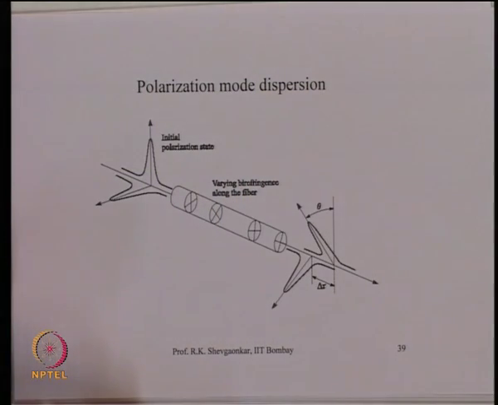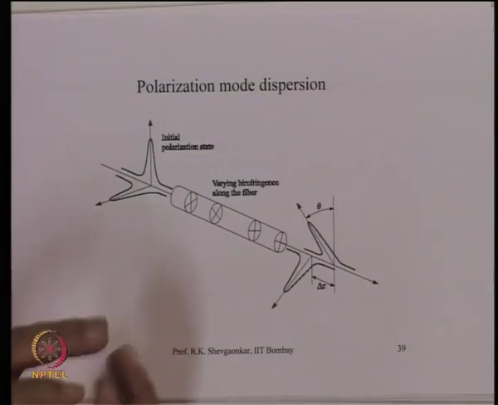This is what is called the polarization mode dispersion. And in fact, this is the dispersion which is becoming a bottleneck in high speed communication. So, even if you could design fibers having very low dispersions, the ultimate limiting factor would be the polarization mode dispersion.